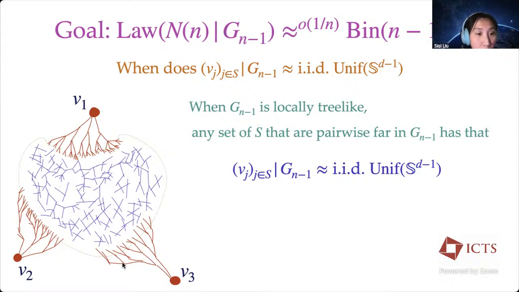Once we have this kind of decomposition, we can first sample the vectors for all the blue vertices in the middle here. Then once we have all their vectors, the distribution of V1, V2, and V3 only depends on the vectors we assign to the leaves of these trees.